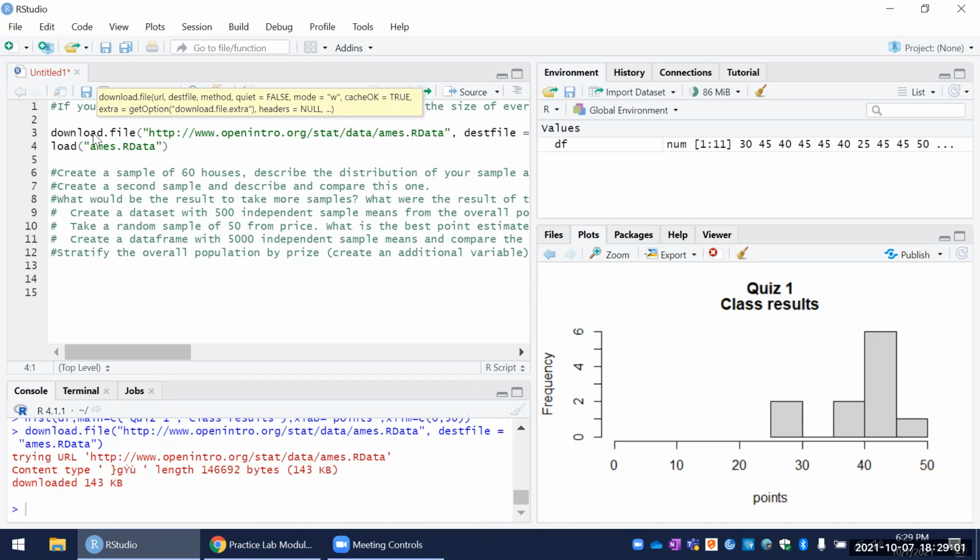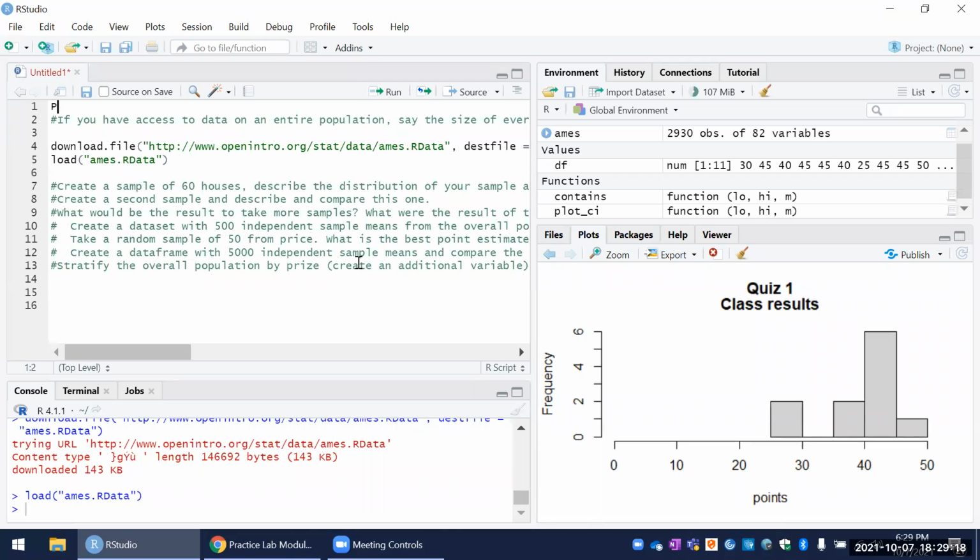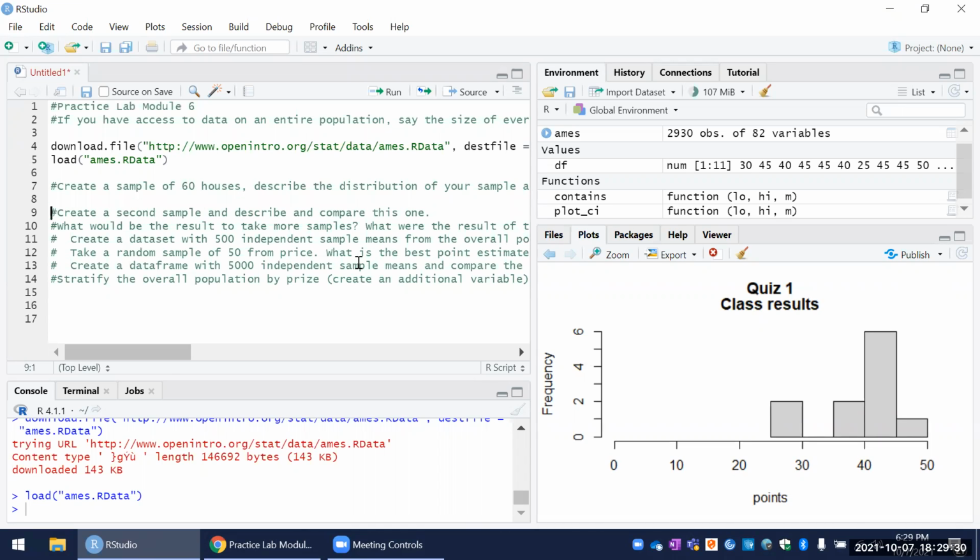And these lines will essentially allow us to load a data frame that is called Ames. This is practice lab module 6. So this data frame basically gives you all 2,930 houses in Ames, Iowa.